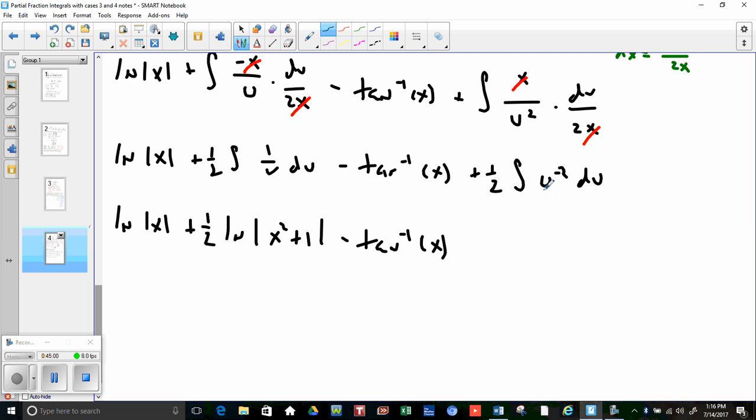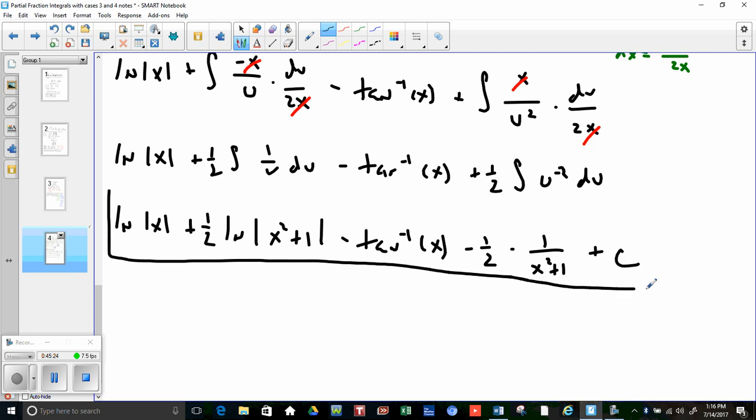This one is u to the negative 2, so raise the power by 1 is u to the negative 1, which is 1 over u. Divide this by a negative, just makes that a negative out in front. 1 over u is 1 over x squared plus 1, plus c. And there you have it.